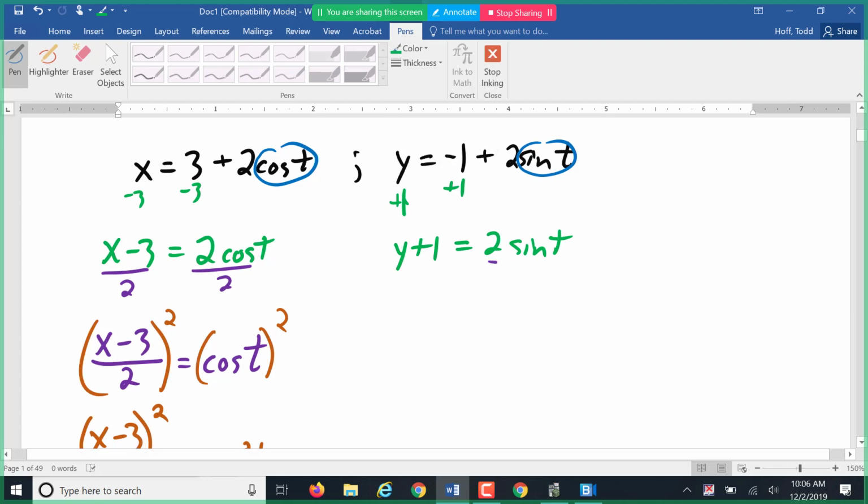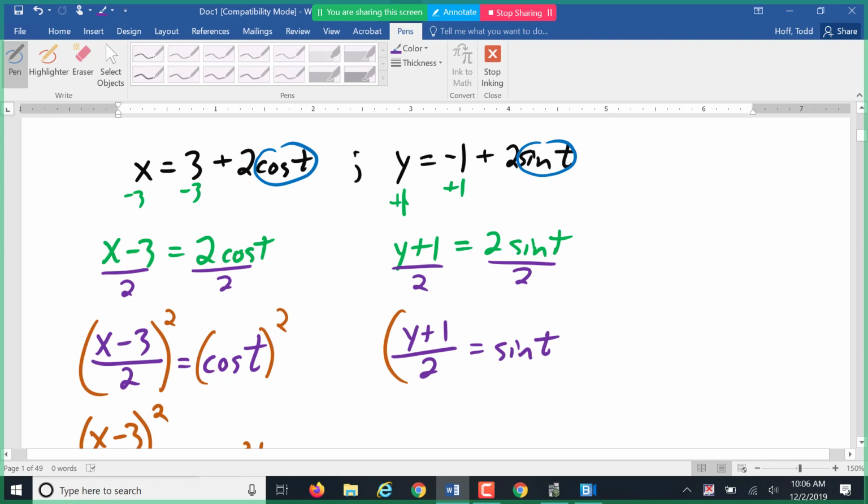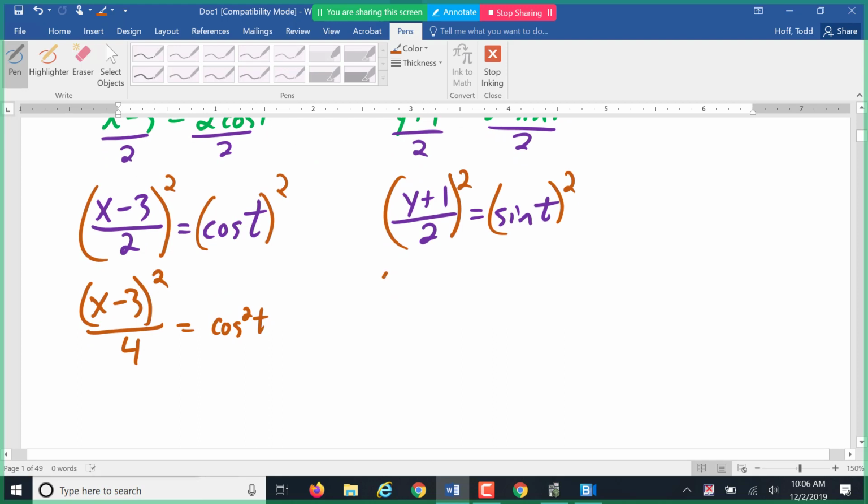And we'll divide by the 2. So y plus 1 all over 2 equals sine of t. And again, I'm going to have to square that to get sine squared. So let's do that. The y plus 1 squared, just like I did with the x, I'm going to leave as y plus 1 squared, but I am going to square the 2 to make it a 4 equals sine squared of t.